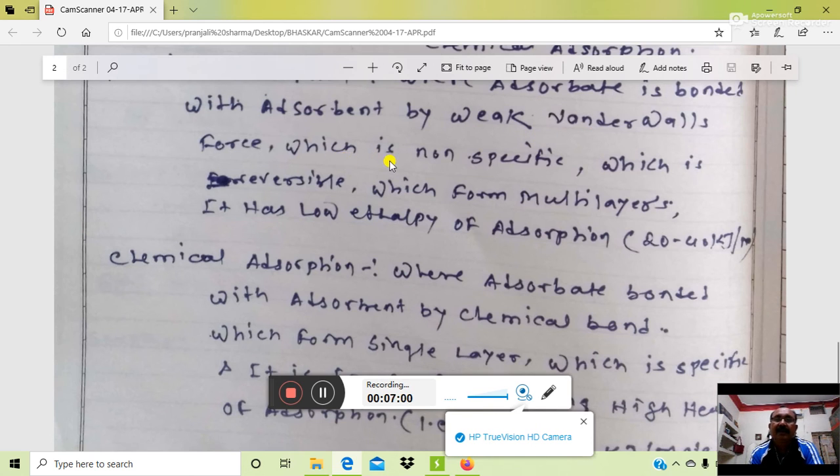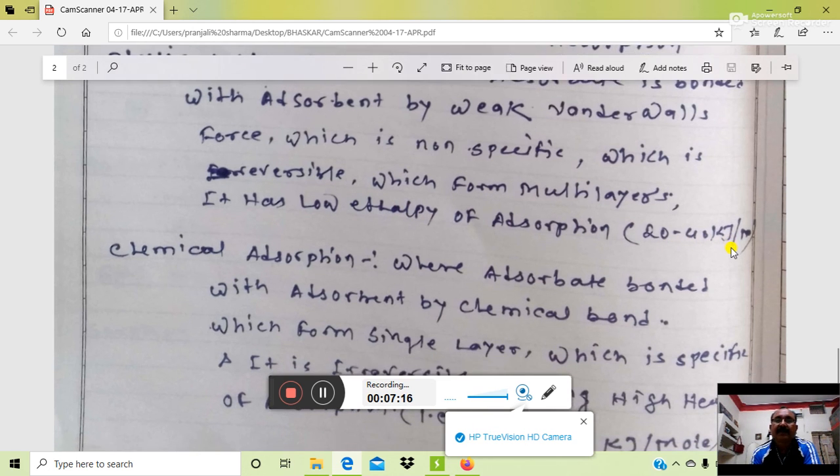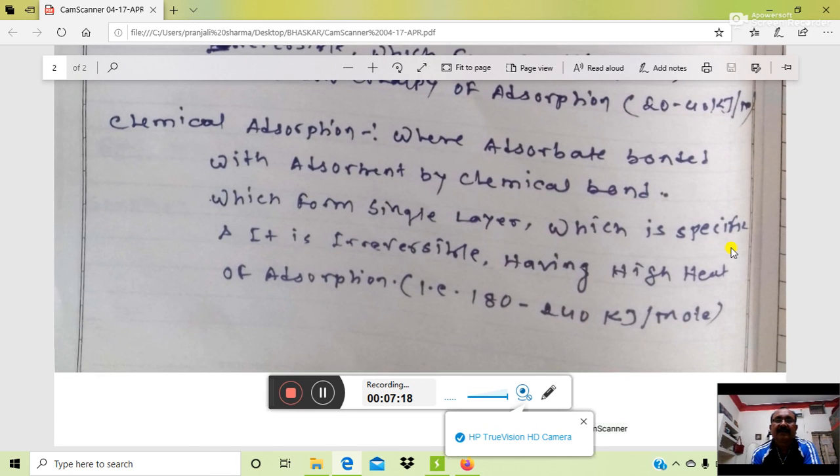And here, what are the main properties? Physical adsorption is non-specific, it is reversible, it forms multiple layers, and the enthalpy of adsorption is very low, just like its value is 20 to 40 kilojoules per mole. But in chemical adsorption, only a single layer is formed, it is specific in nature, it is irreversible, and it has a high heat of adsorption.